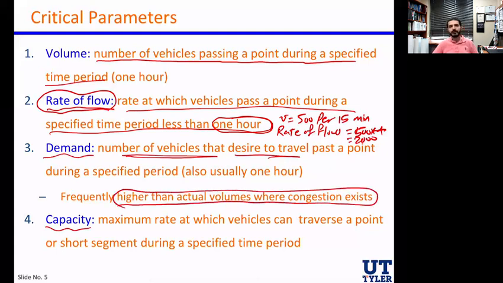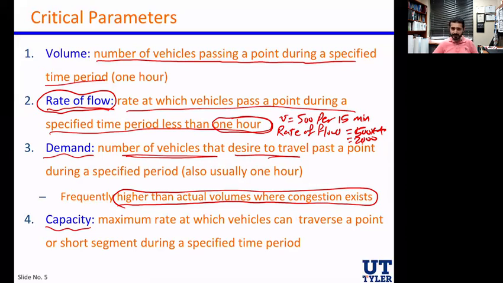So in case you're wondering what the difference between volume and demand is, demand is all the vehicles that wish to go through, let's say, this route from point A to point B. Some of them decided to go through the congestion, and that will count towards the volume. But some others may have taken another route to their destination, though they still had the desire to go through that. So that's the difference between the demand and the volume.